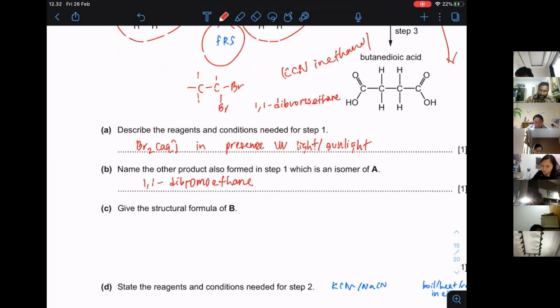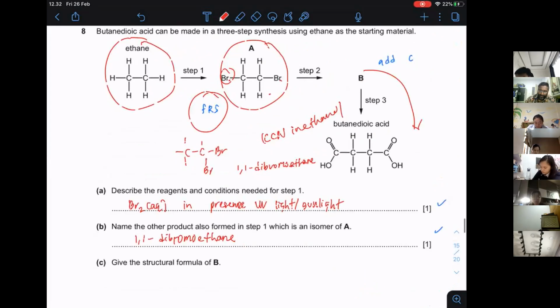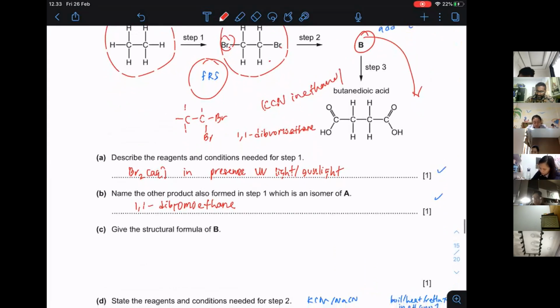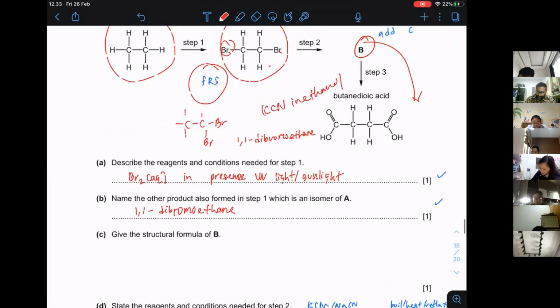Give the structural formula of B. So after you add the KCN in step 2, what is going to be the structure? The Br is going to be substituted. This is going to be a nucleophilic substitution reaction. So it's going to be substituted with the CN. If I just draw the displayed formula first, you are going to get this CN.